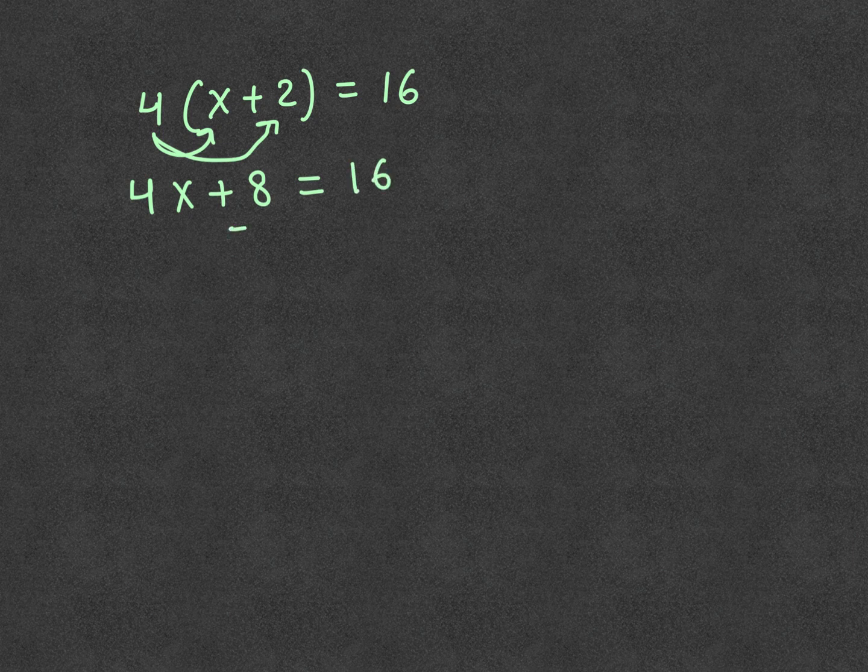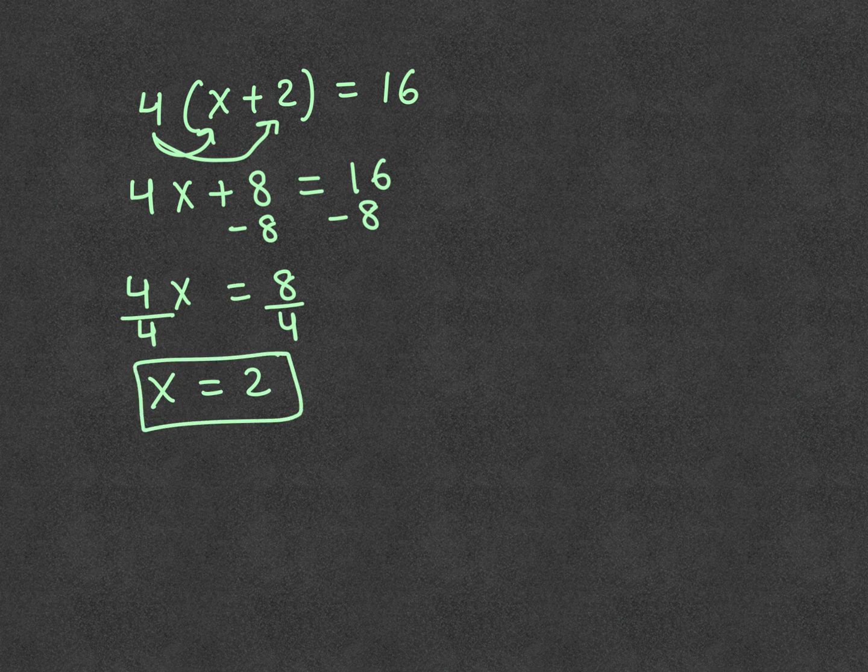Isolate the x term, so subtract 8 on both sides. That gives you 4x equal to 16 minus 8, that is 8. Isolate x by dividing by 4 and x is 2. So the answer is 2.